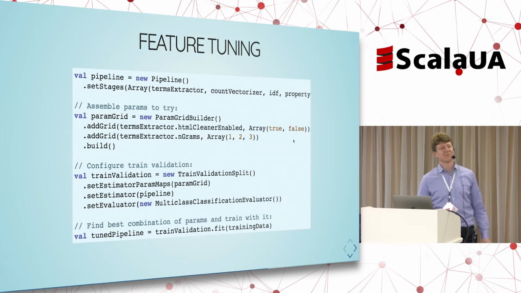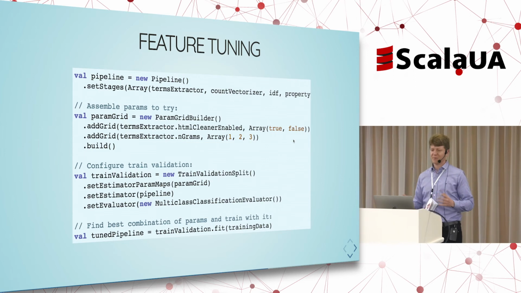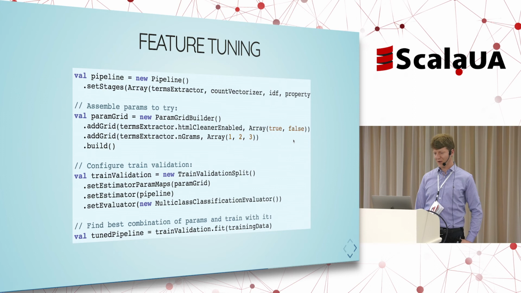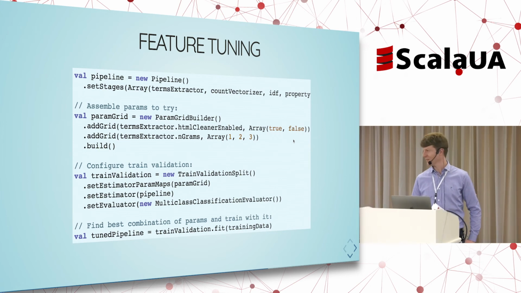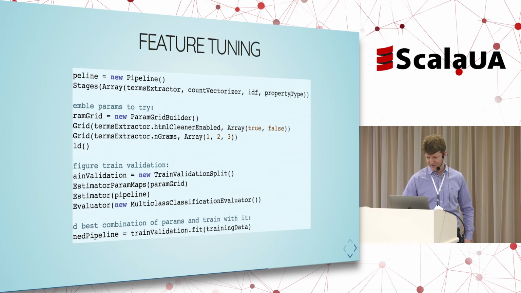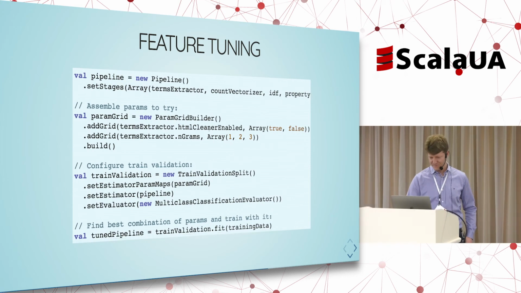And luckily, SparkML provides APIs to help you do exactly this. Here we can see the simple pipeline we saw before with the terms extractor, count vectorizer, and at the end this property type estimator.